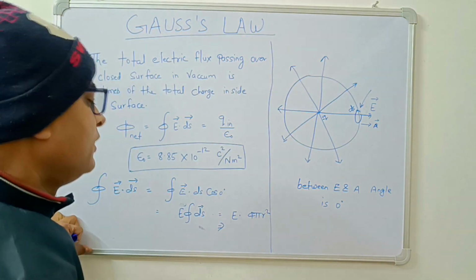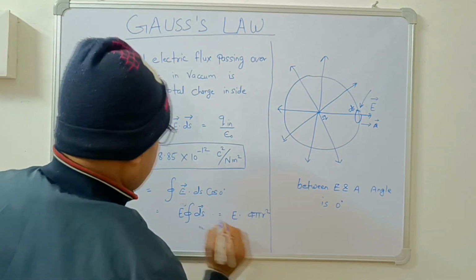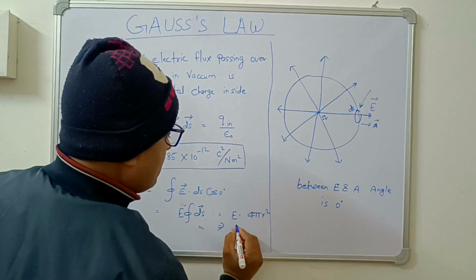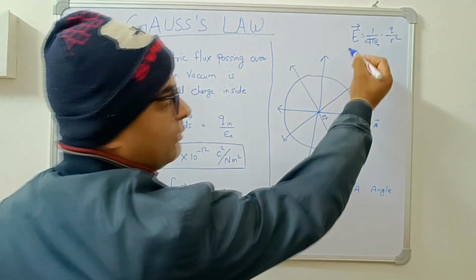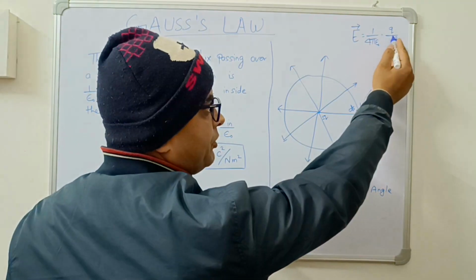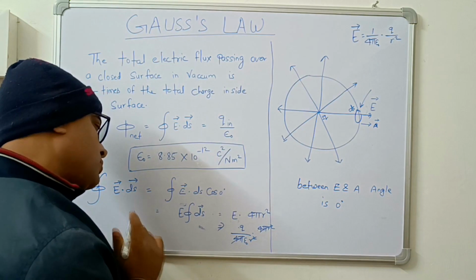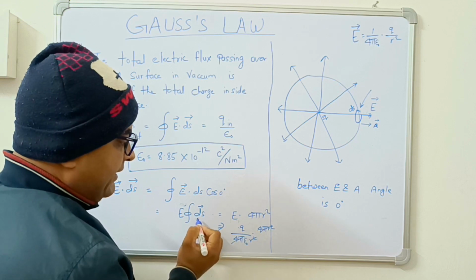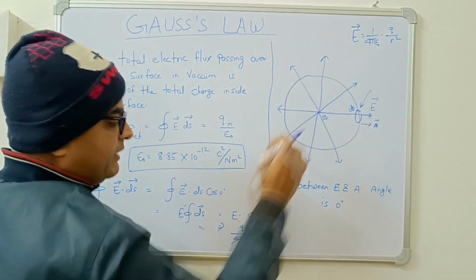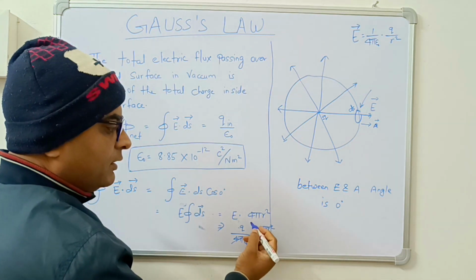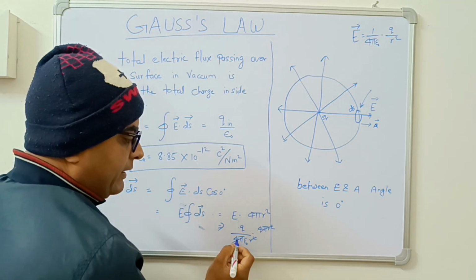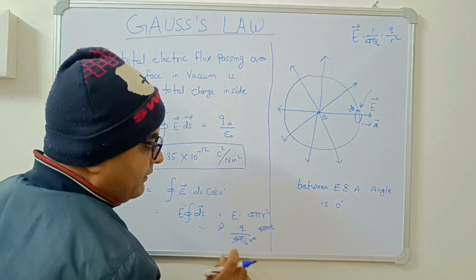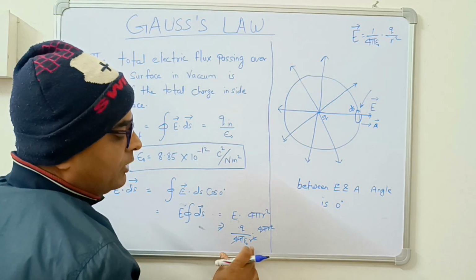You already know that the electric field value is 1 by epsilon naught times q upon r square. If you put this here, the integration of ds is the area of the sphere, which you already know is 4 pi r square. This gives the electric field value q upon 4 pi epsilon naught r square.